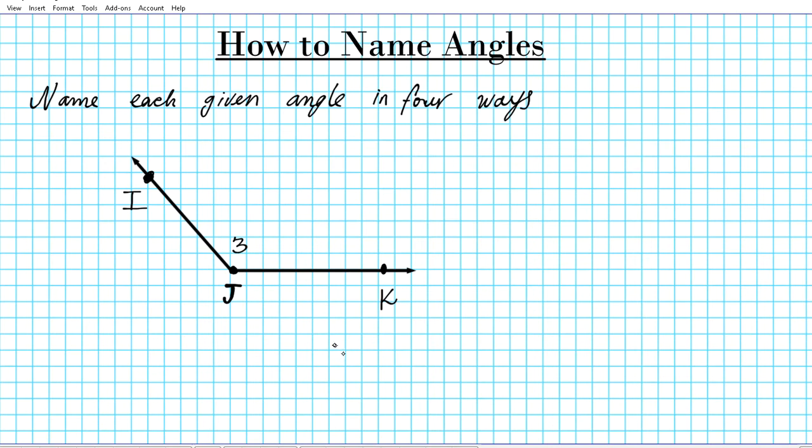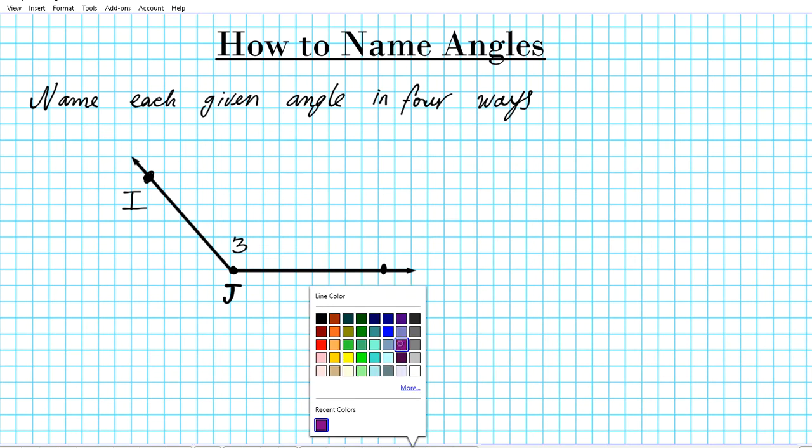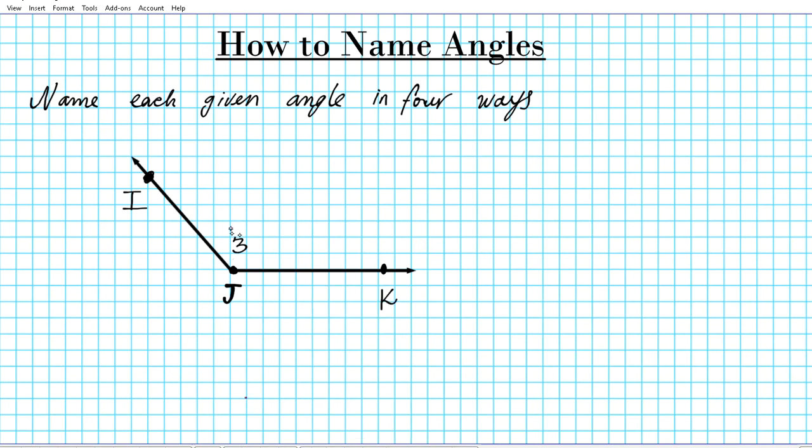Alright, so the goal is to name this given angle in 4 different ways. First of all, we can use the number that has been assigned to the angle. We can also use the letter that has been assigned to the vertex right here.